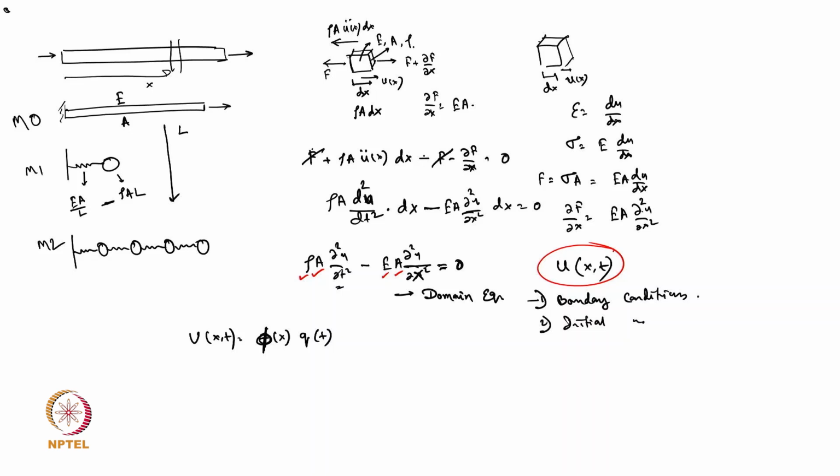So now if we write that u is phi of x into q of t, what is our aim? We are dividing it into two parts. We try to look at the function as how x is varying and how t is varying. We are not going into any complicated function where x and t are implicitly placed, because there is already so much complexity.